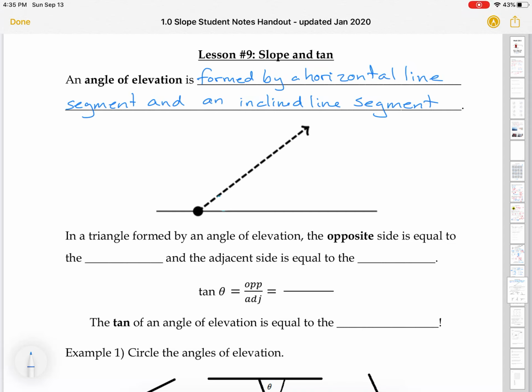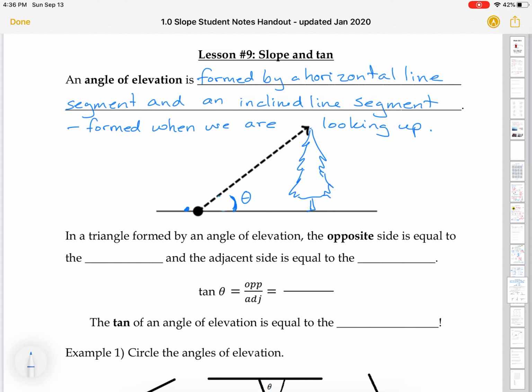So what does that mean? Well, if I was a little tiny ant sitting here and there was a tree here and I'm looking up to the top of the tree, the angle of elevation would occur in here. So it's formed when we're looking up, and we want to figure out how tall something is.